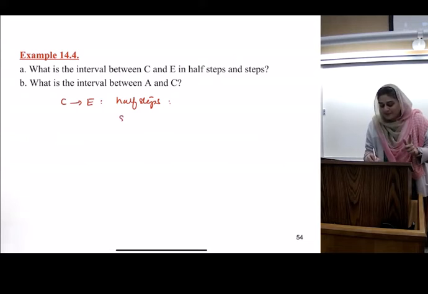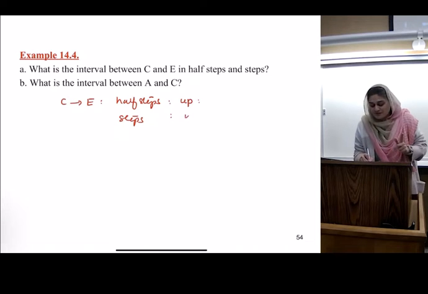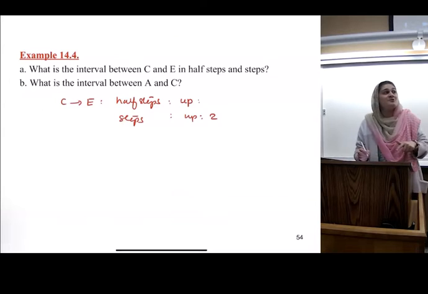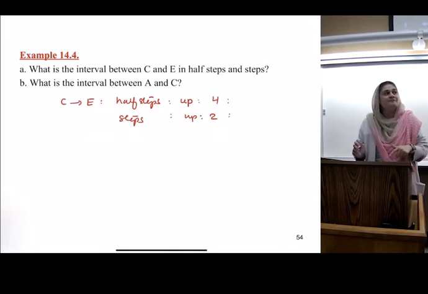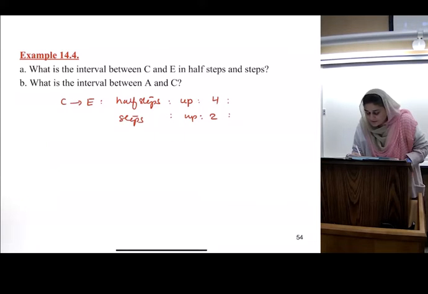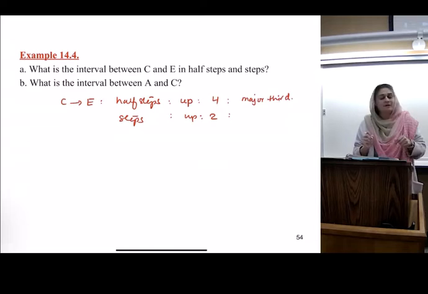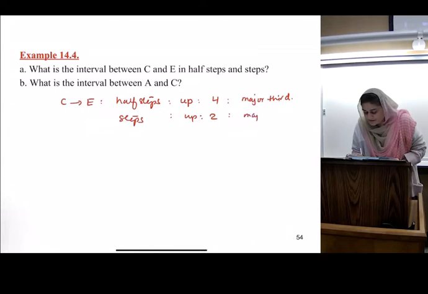We're going up. 2 steps up, and how many in terms of half steps? 4. And what is this interval called? This one is called a major third, isn't it? They're both major thirds? Okay.